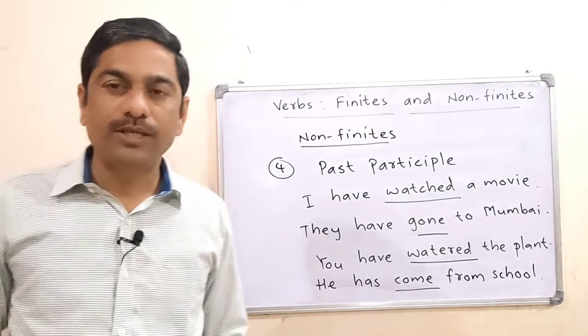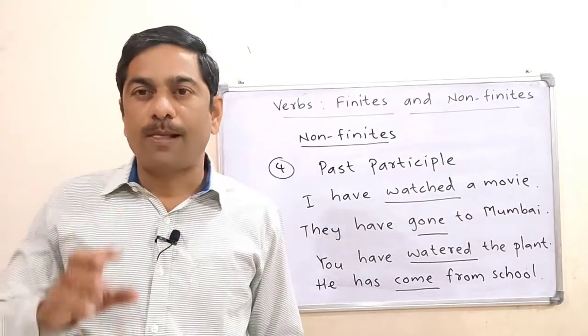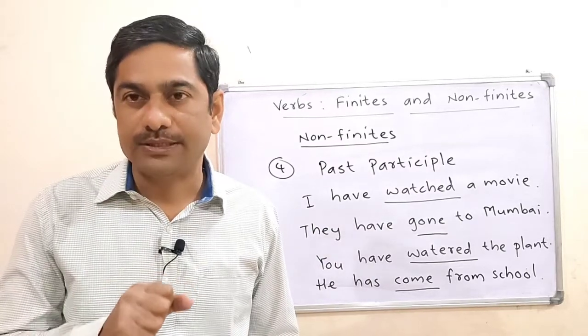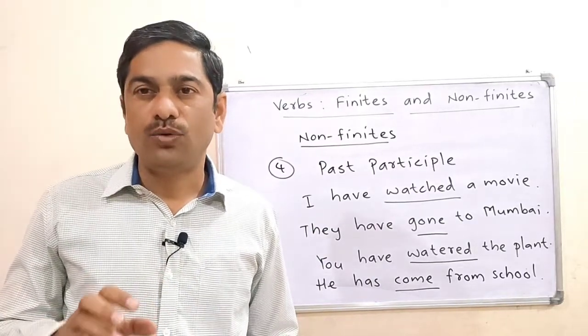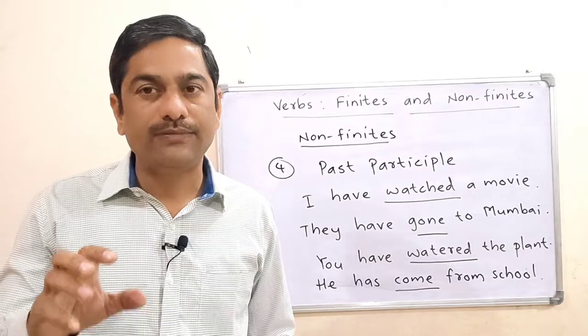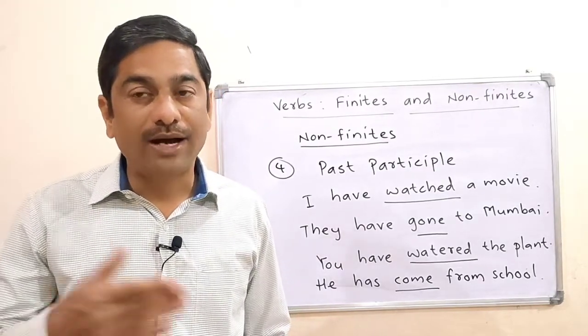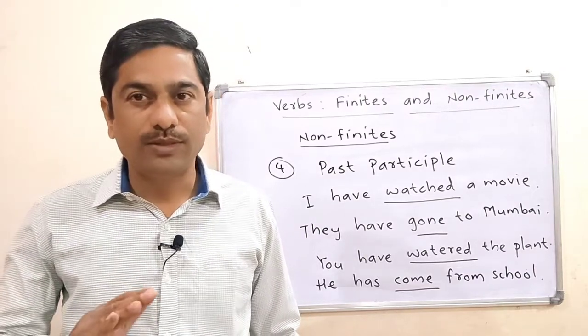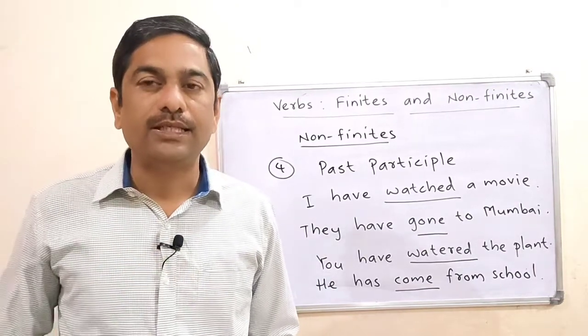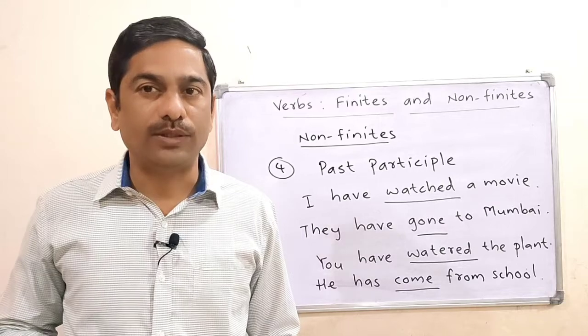The form of the verb changes. In short, finite verbs have subjects, and the idea to find a finite verb is very easy. The verb which comes immediately after the subject is a finite verb.